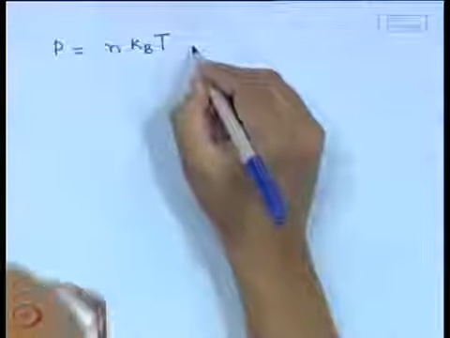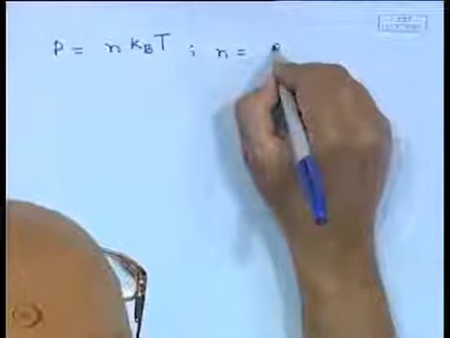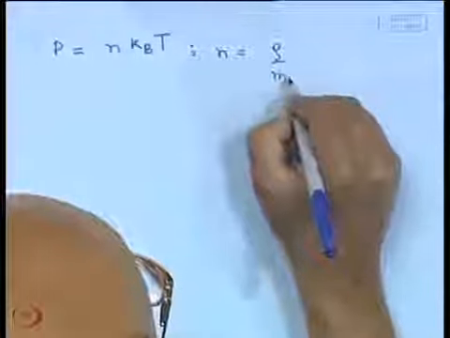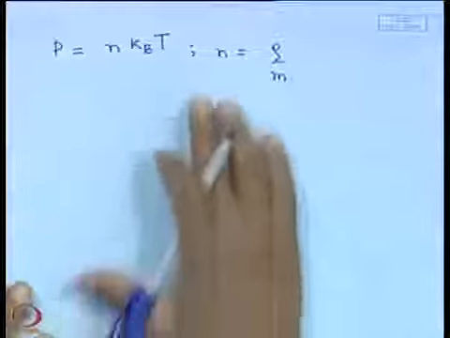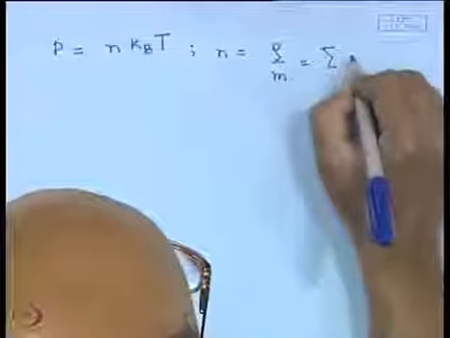Okay. Now the number density n is the mass density divided by the mass of individual particles. Okay. And if I have many species of particles, I have to then add up the contribution from each of these species.